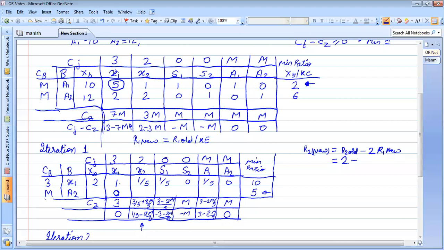We already have this 1. So 2 into 1 will become 2. So 2 minus 2 will become 0. That is how we get this 0.